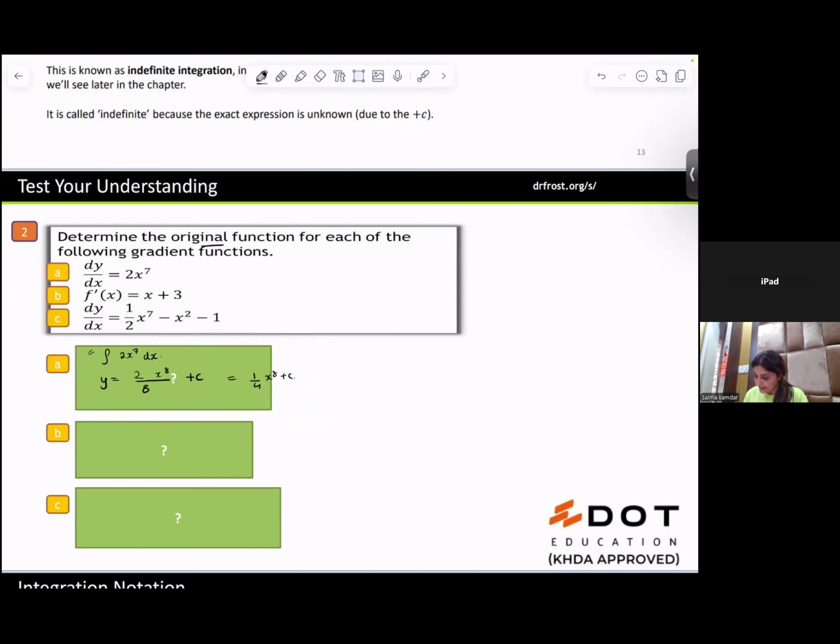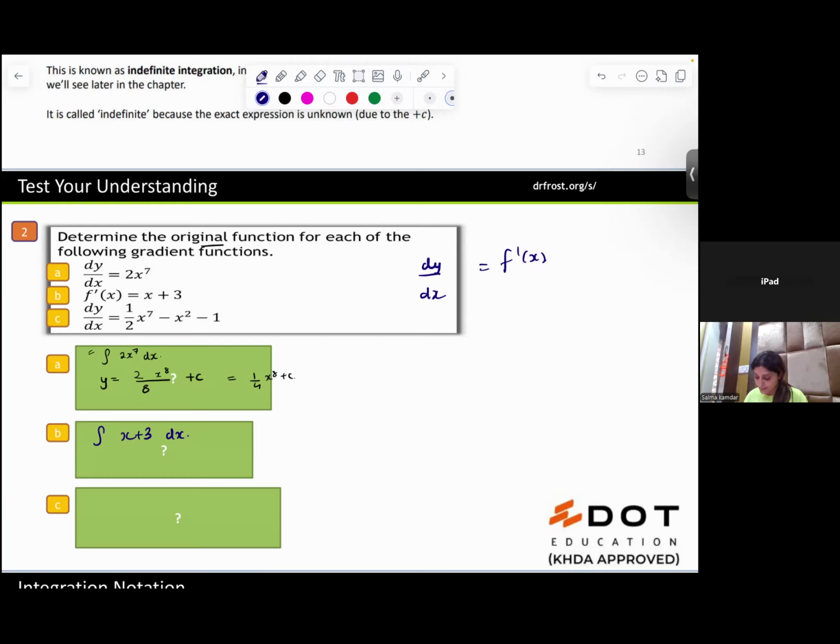Let's do the next one. B1, I'm integrating x plus 3. Please note my dy by dx is equal to f dash x. That is the gradient. x plus 3 with respect to x.